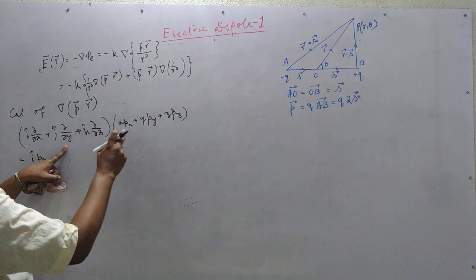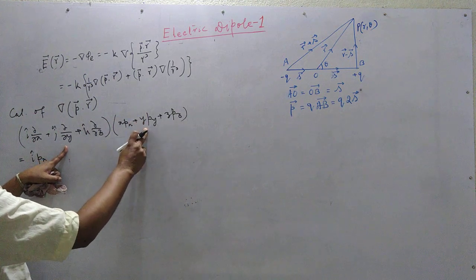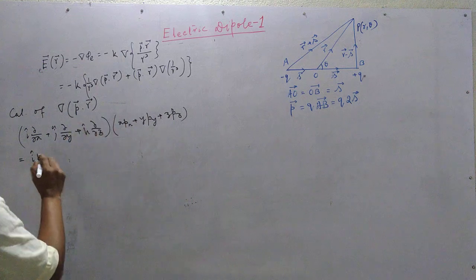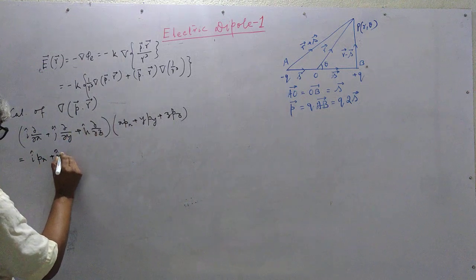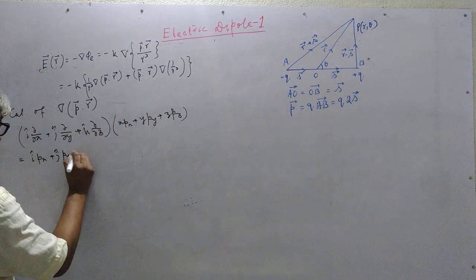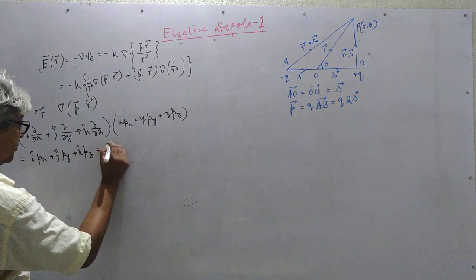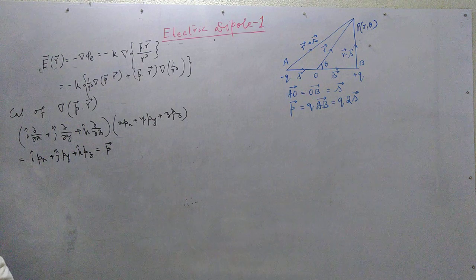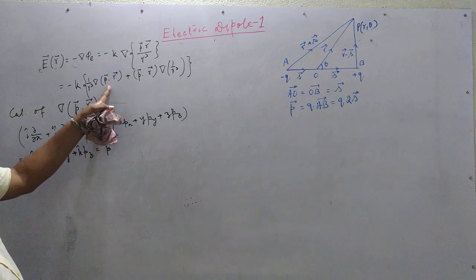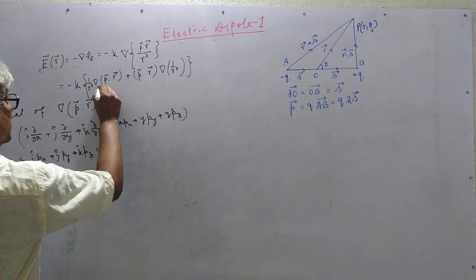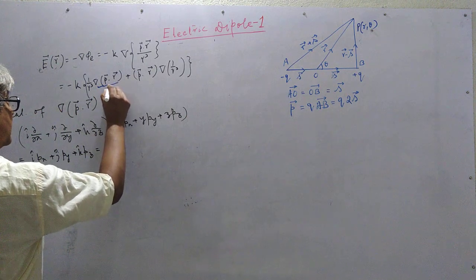When del del y operates on this it is 0, and when it operates on it is j cap py, and this is 0. Similarly, so this is altogether vector p. So this term has been evaluated, and this is vector p.